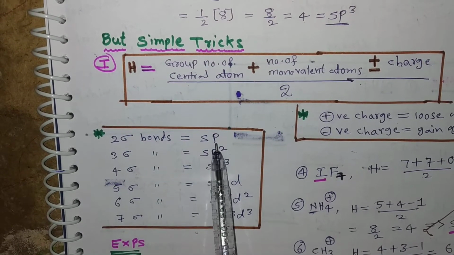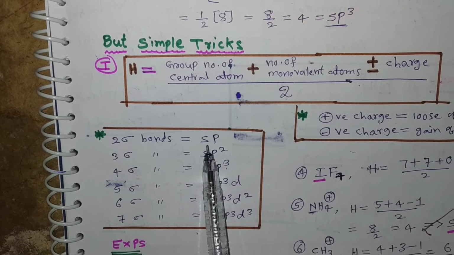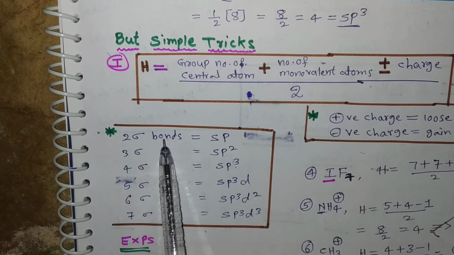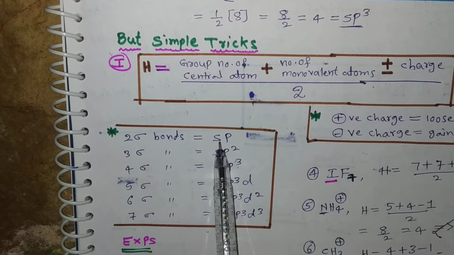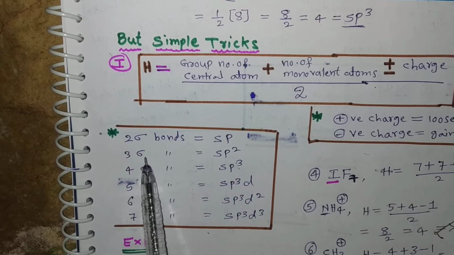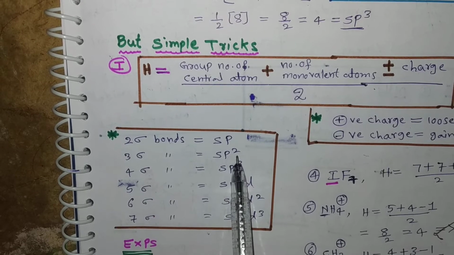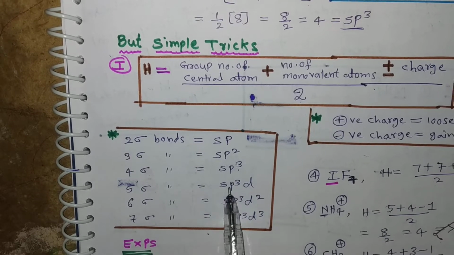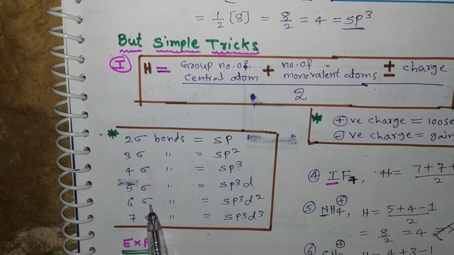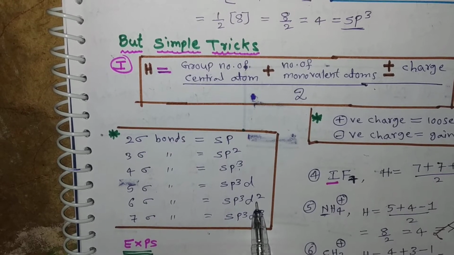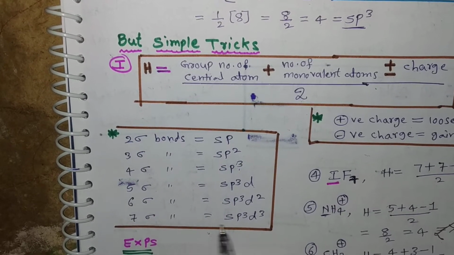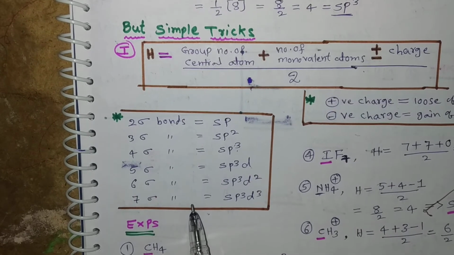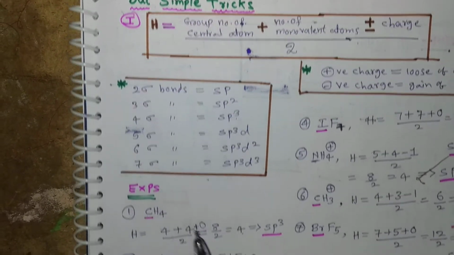One s orbital and one p orbital participate in the hybridization to form sp hybridization. 3 sigma bonds, sp2 hybridization. 4 sigma bonds, sp3 hybridization. 5 sigma bonds, sp3d hybridization. 6 sigma bonds, sp3d2 hybridization. 7 sigma bonds, sp3d3 hybridization. So this is the basics. Let us see some examples.